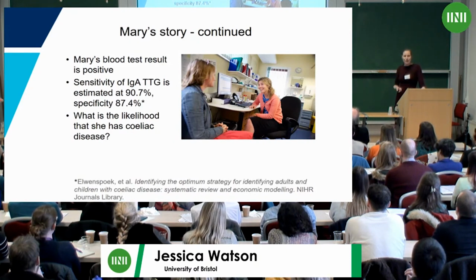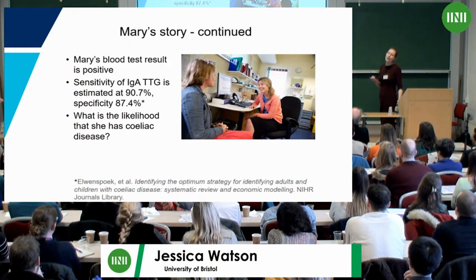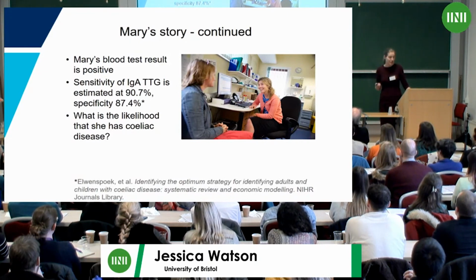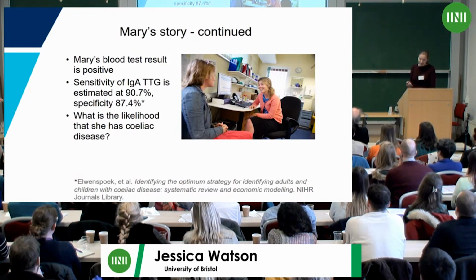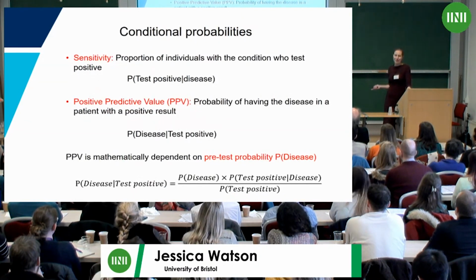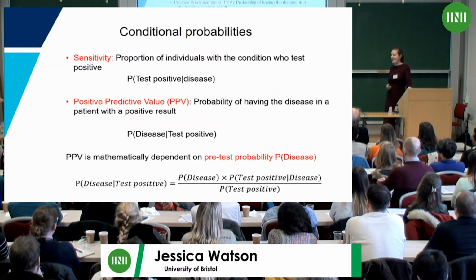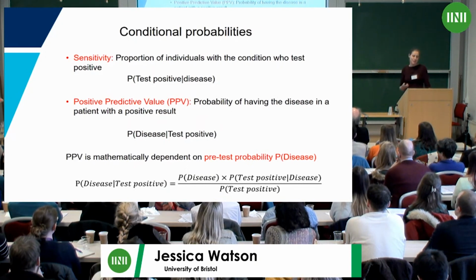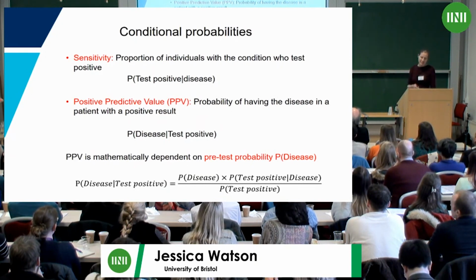So what's the likelihood that she's got celiac disease? The common misconception is that the likelihood is going to be around 90%. But this is where the issue lies, and I'm sure that everyone here in the room recognises these formulas and will recognise the problem is an issue of conditional probabilities.